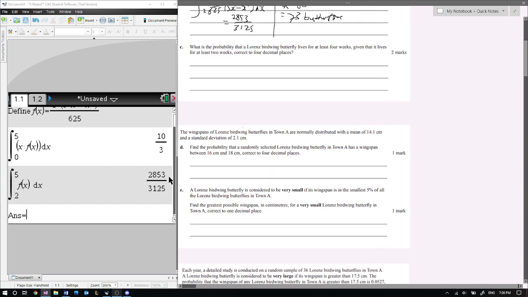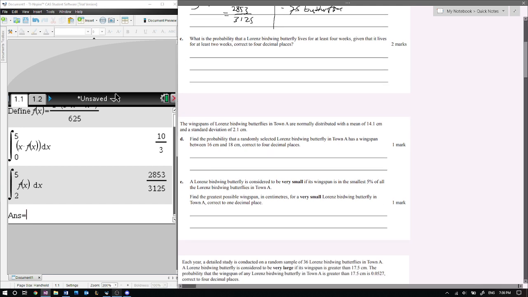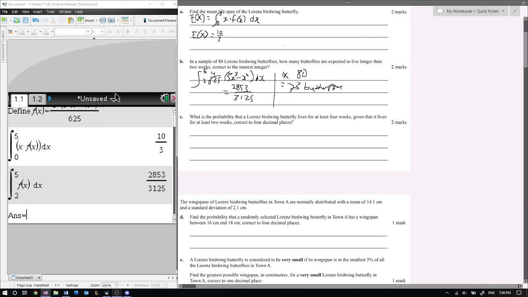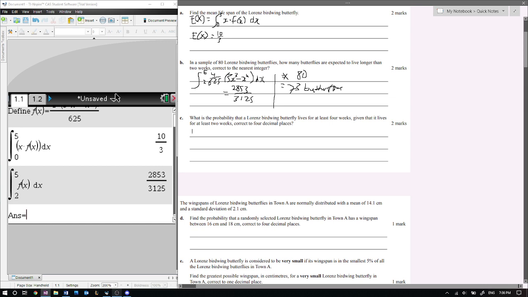Moving on, question C. Finding the probability that a Lorenz birdwing butterfly lives for at least 4 weeks, given that it lives for at least 2 weeks, correct to 4 decimal places. So I'm thinking back to the stuff we learned in year 10 probability, especially the formula for A given B. So I'm just going to write it out here, that it lives for at least 4 weeks.